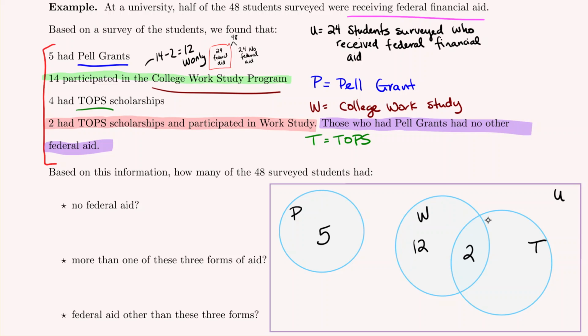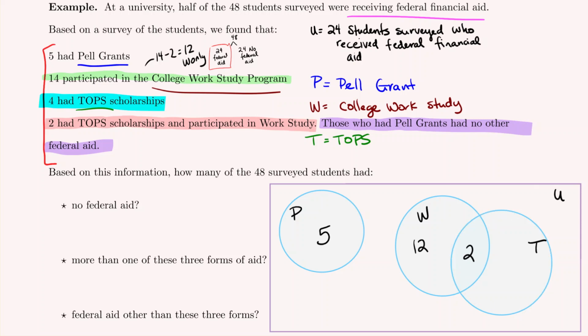Now we need to determine, of the total students who had TOPS, 2 of them shared it with work study, and then the remaining TOPS students had TOPS without work study. So we were told at the beginning that 4 students had TOPS. How many students have we already accounted for within our TOPS circle? 2. 4 in total.